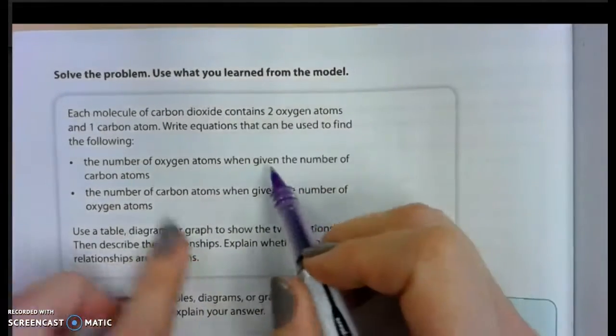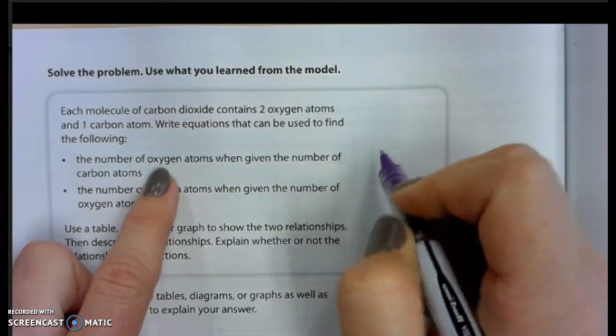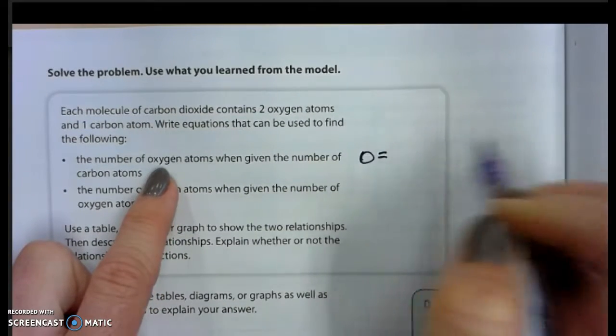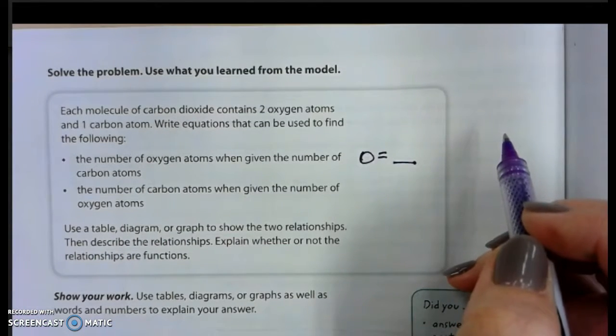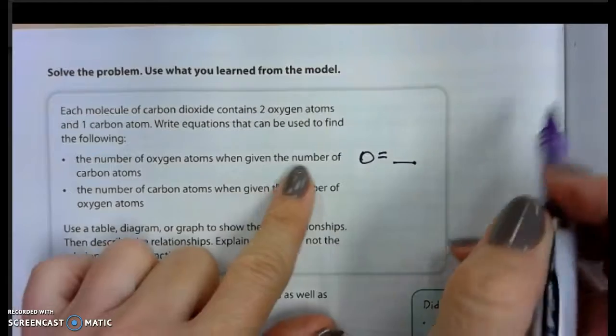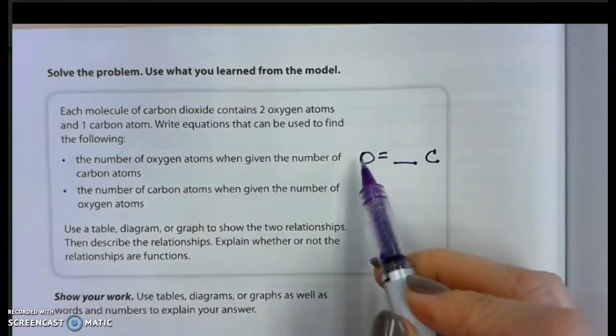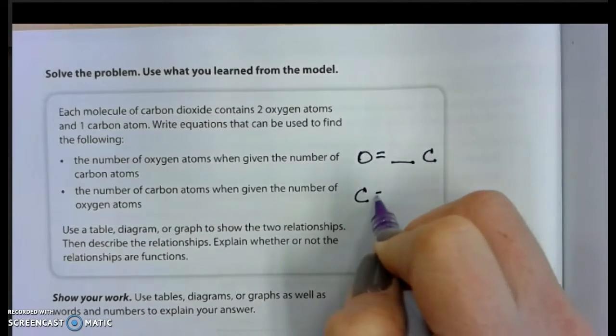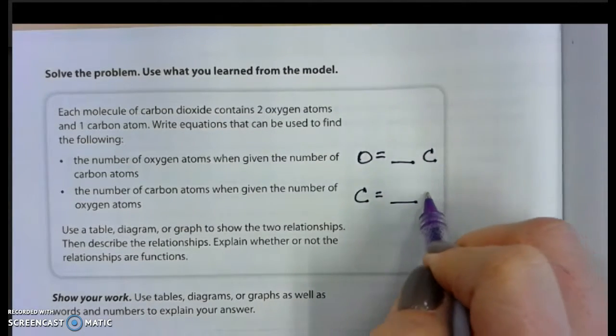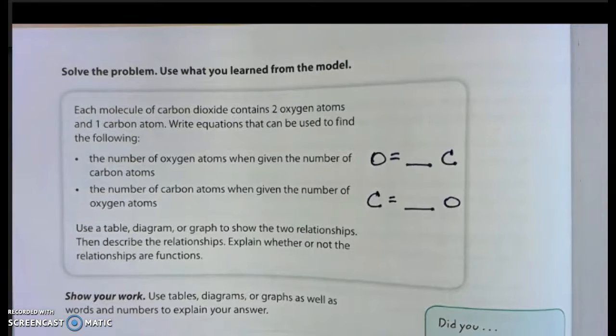So in the first equation, we want oxygen equal to a rate or a constant of proportionality when given carbon. So we want oxygen based on carbon. And the second equation, we want the opposite of that. We want carbon based on oxygen. We just need a ratio for those and the equations will be done.